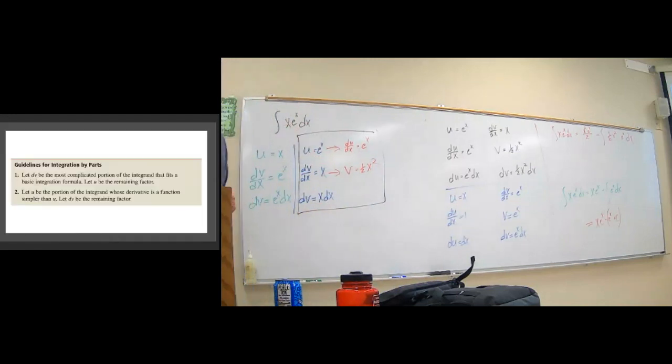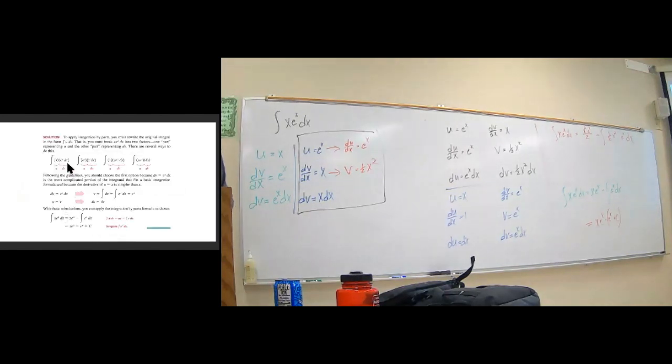But the general set of guidelines would be to say, let dv be that hardest part. Then let u be the part that's simple, because when you take the derivative of something simple, you get something simpler more often than not. And that's what they're getting at here. Does that make sense? Folks at home, does that make sense? Yes. Awesome.